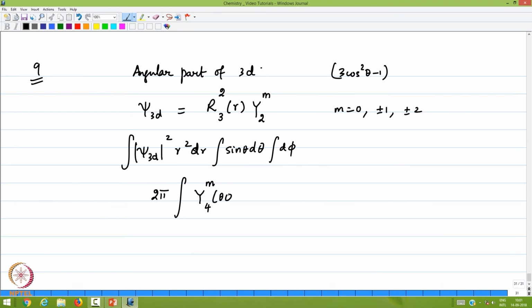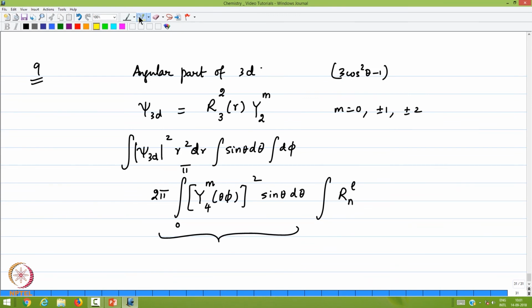theta phi square 0 to pi sin theta d theta, which can be separately normalized, and the other being the radial function n L, n is 3, yes, n is 3, L is 2, radial part r square, and you have r square dr between 0 and infinity.